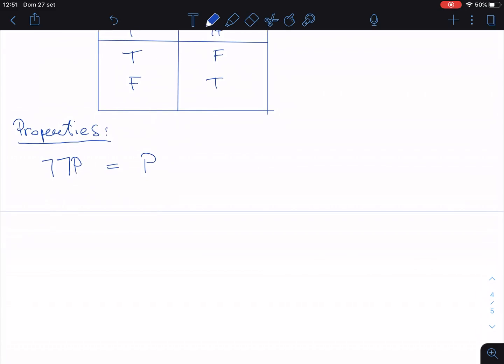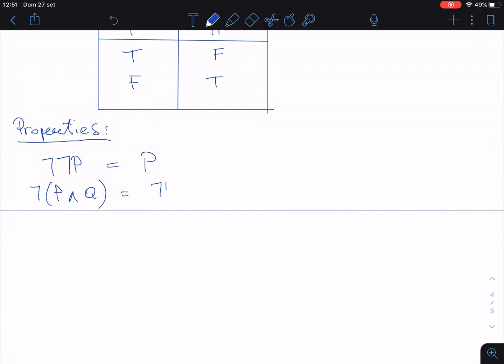More interesting, if you have P and Q, sorry, let me write down, P and Q, and you consider not of P and Q, then you have not P or not Q. So there is an exchange here.